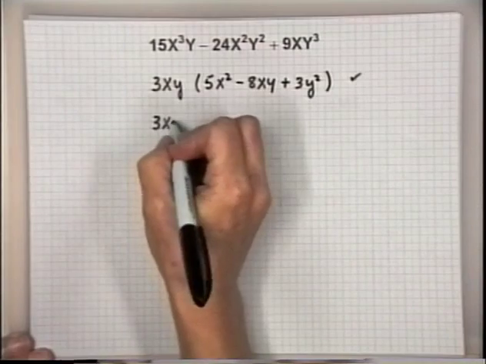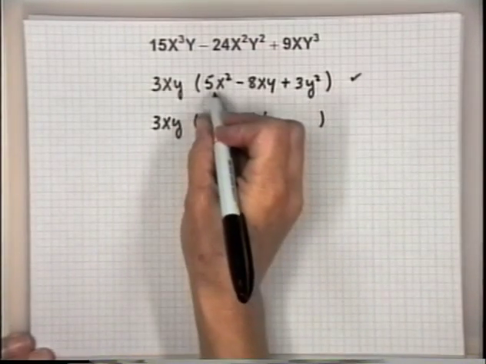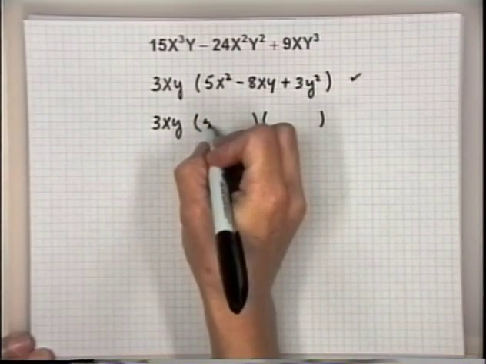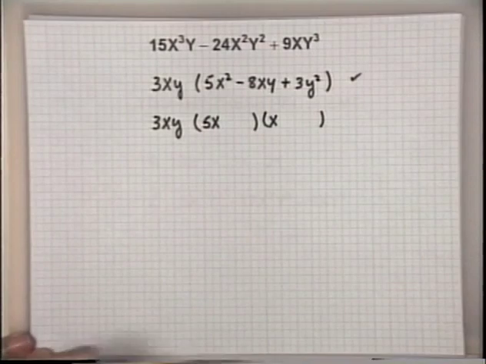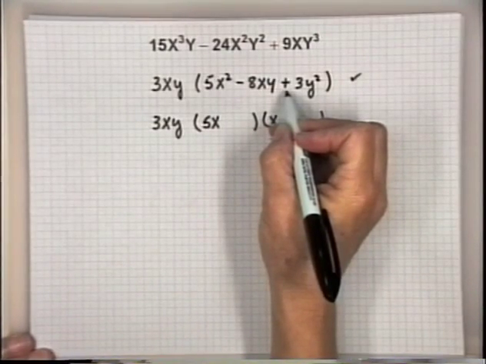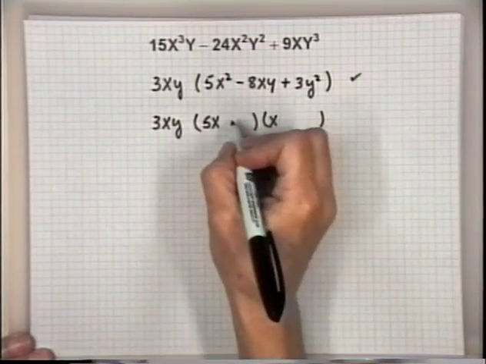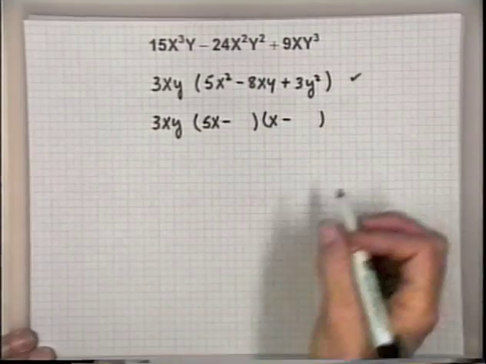Bring down 3xy. Our choices for our first term would only be 5x times 1x. Since my third term is positive, I have to have like signs. This tells me both of these signs will be negative signs, so let's go ahead and put those in.